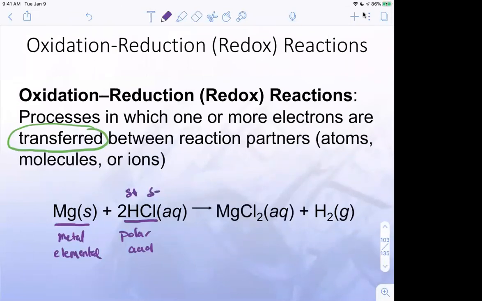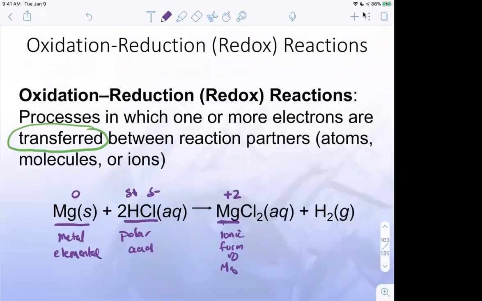And when we look at this change here, now magnesium is in its ionic form, which has a +2 charge. So in my elemental form, that doesn't have a charge, so that's 0 state.